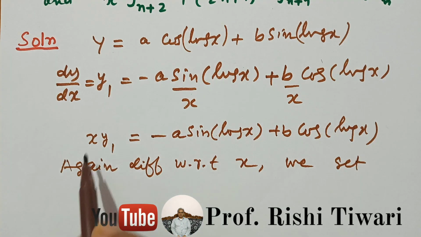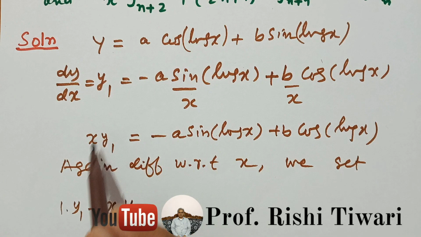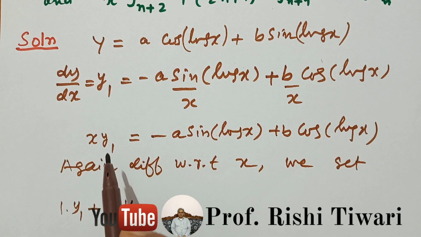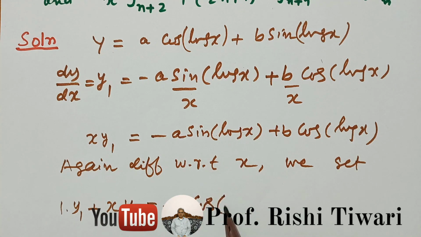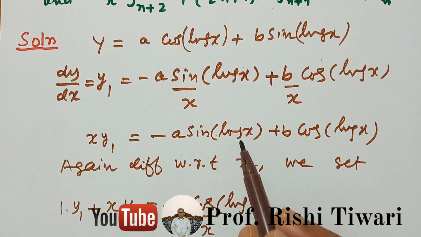So the differentiation of x is 1, y1 as it is, plus x y2. What is y2? It is the differentiation of dy by dx, so d²y upon dx². On the right side: minus a cos log x, since the differentiation of sin is cos, and again log x gives 1 upon x.